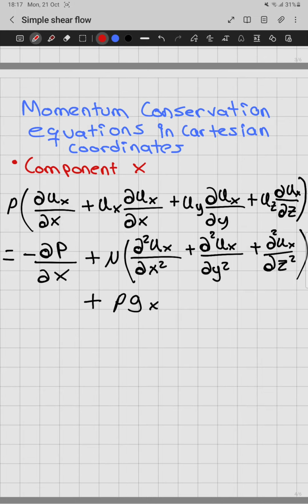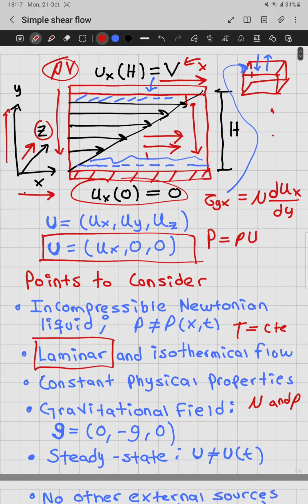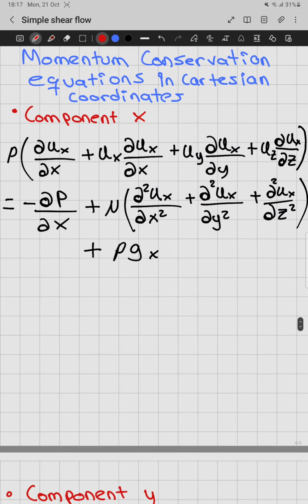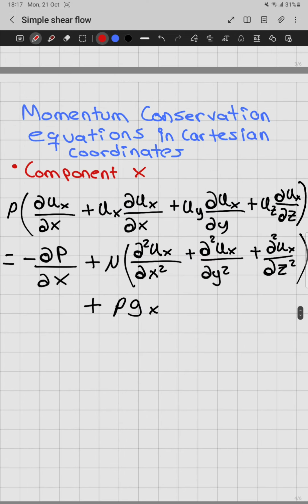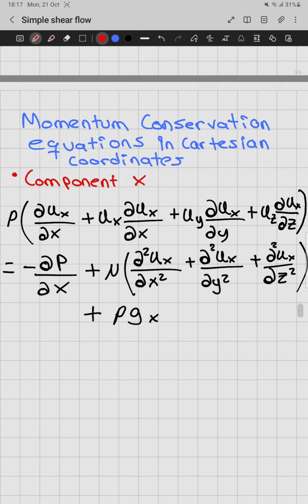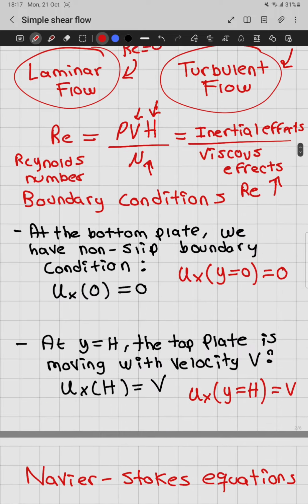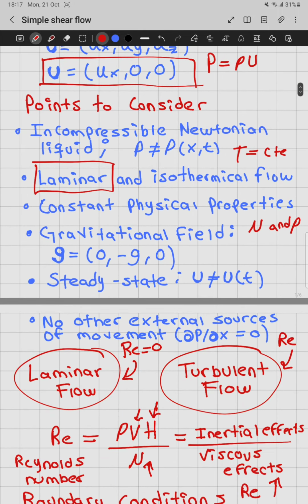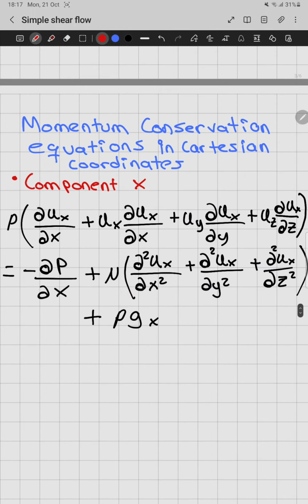This is why it's important to understand the physics behind this flow, because it will allow us to simplify the momentum conservation equations. You remember I said steady state, so we will not care about the temporal term. This term is going to be 0. Oh, this is t. I apologize.